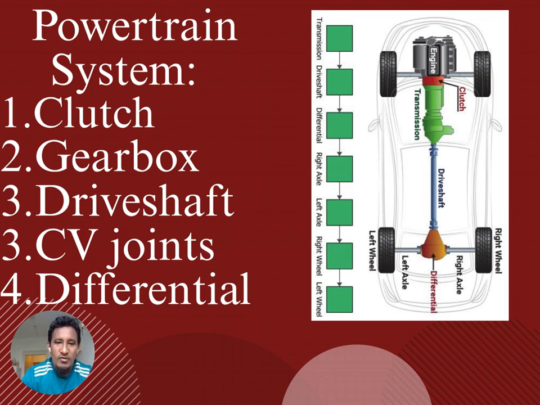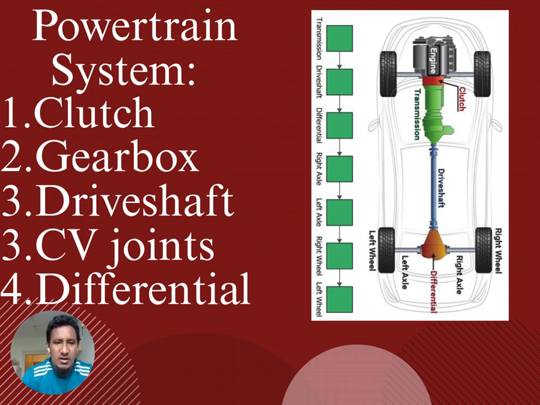Powertrain is a very important part of our vehicle, and it depends on how much power we will get from the engine. If we have a good or very good powertrain, we will get more power from the engine to the wheel.